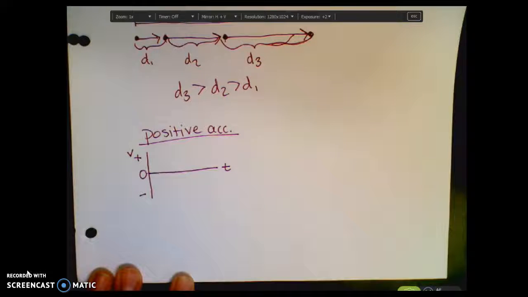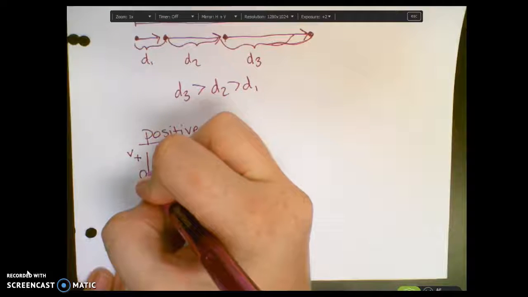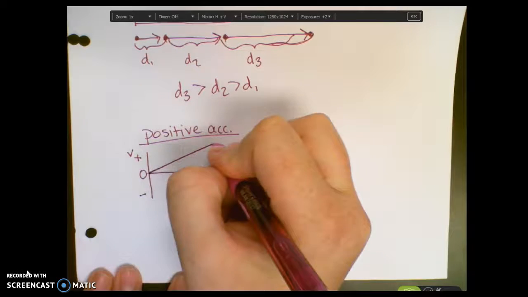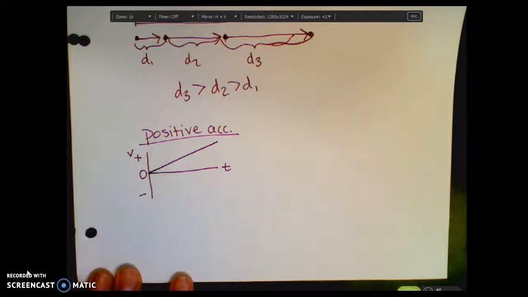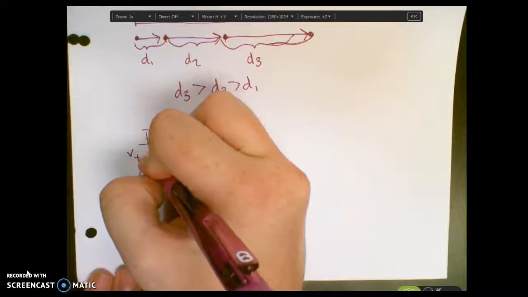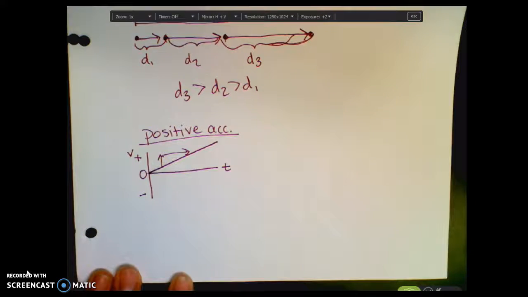Now if we were speeding up to the right, I would be increasing my velocity from 0 to some number in the positive direction. So if you notice, the slope of this, rise over run, that slope is positive, which indicates a positive acceleration. Remember, we said acceleration was the rate of change of velocity over time.